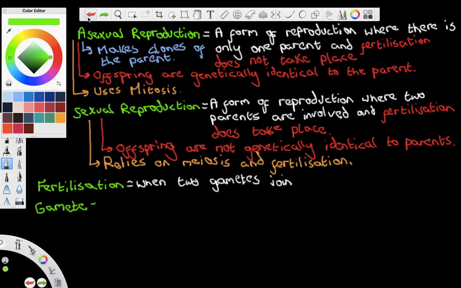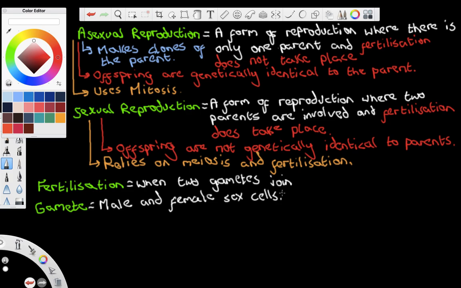Oh, help if I switch back to white. Male and female sex cells. Okay?